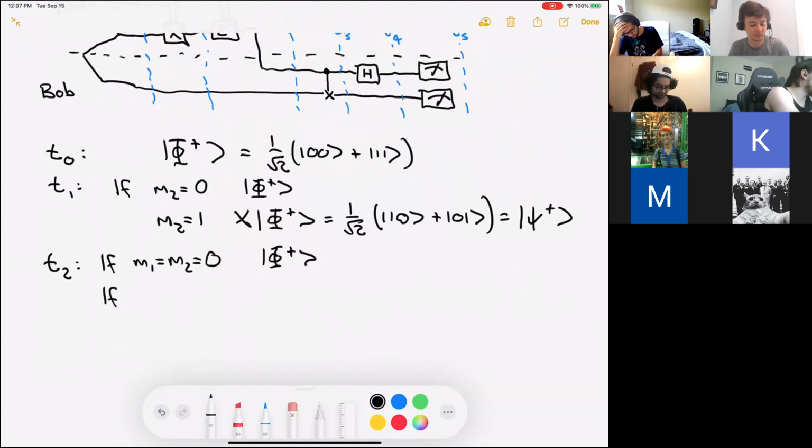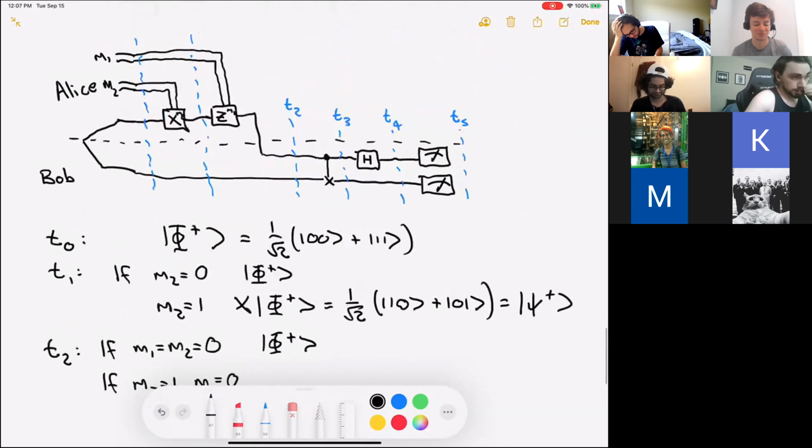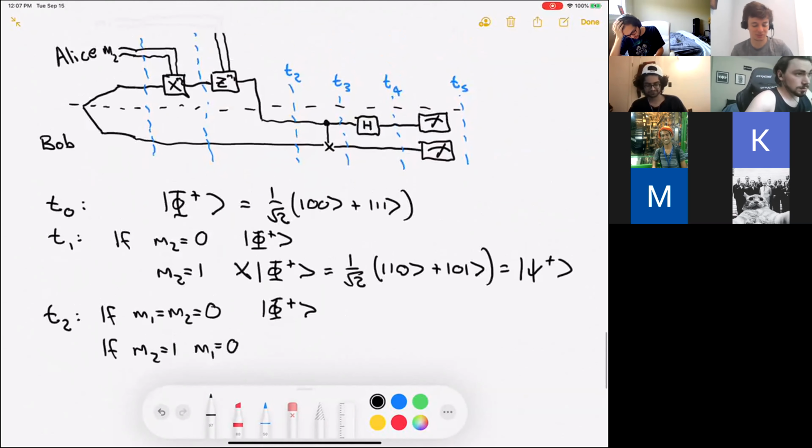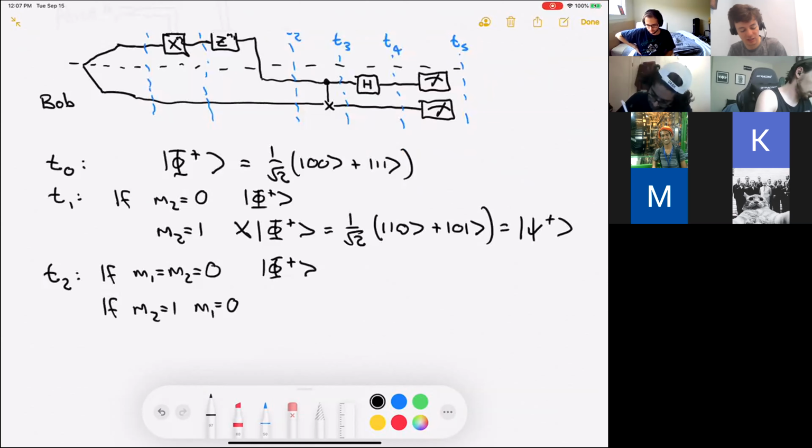If M2 equals 1, but M1 equals 0, what's the state? Psi plus. Yeah, so again, we had done something to it in the previous step, but now we're going to do nothing to it because Z to the M1 is just the identity. Okay, so it's just going to stay being psi plus.